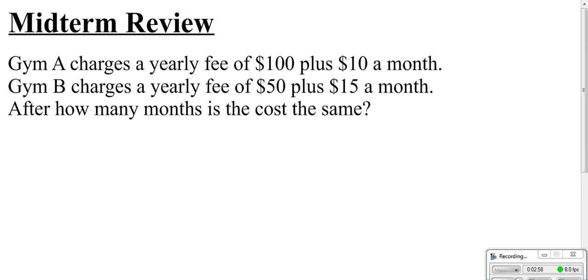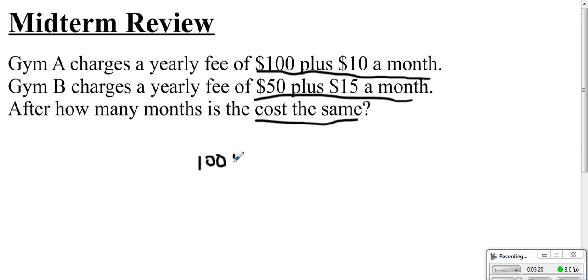This question says Gym A charges a yearly fee of $100 plus $10 per month. Gym B is $50 plus $15 per month. So, anytime it says after how many months is the cost the same, remember, anytime that you're comparing two gyms or two whatever you're comparing, you want to go ahead and write an expression for each one.